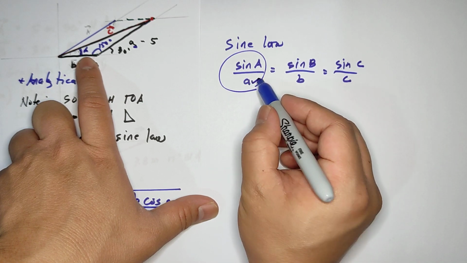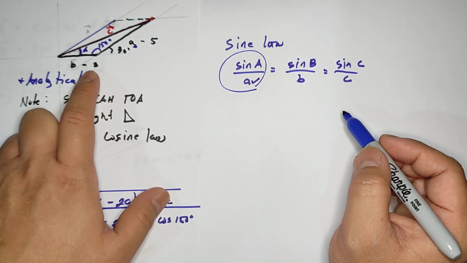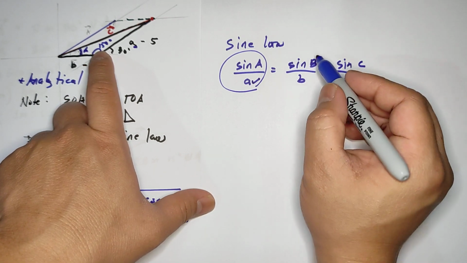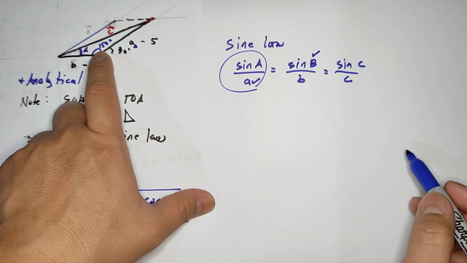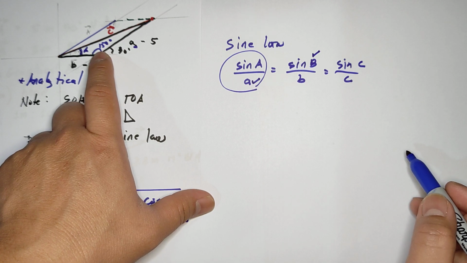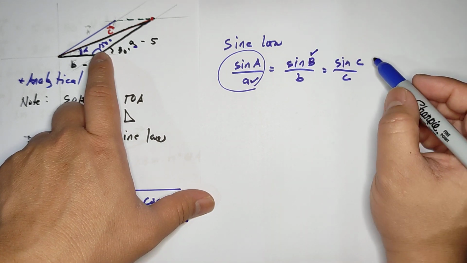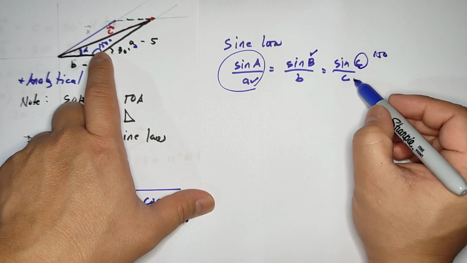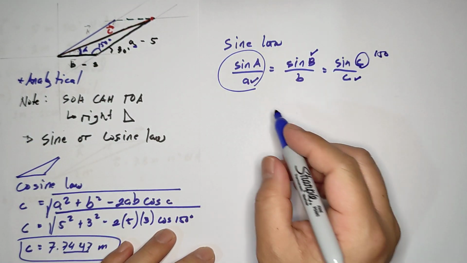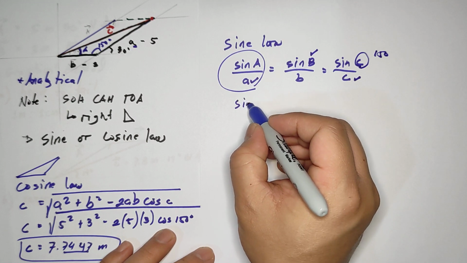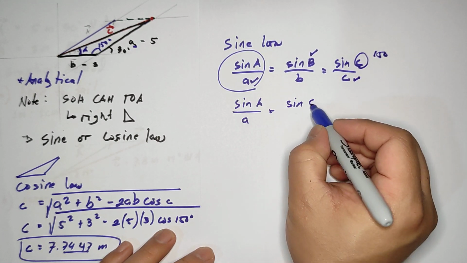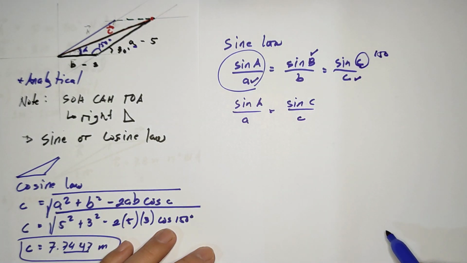You're given this 150, and you don't have the other angle here. You can compute it, but it's easy because this is given, that is 150, and c is solved. So we'll be using sine A over A equals sine C over C.